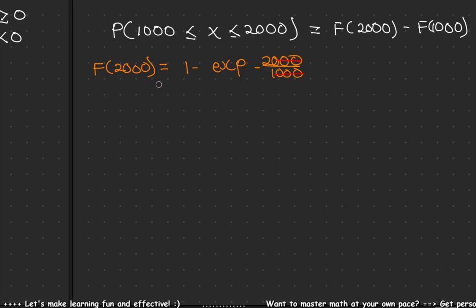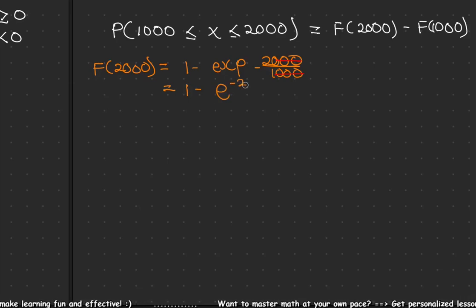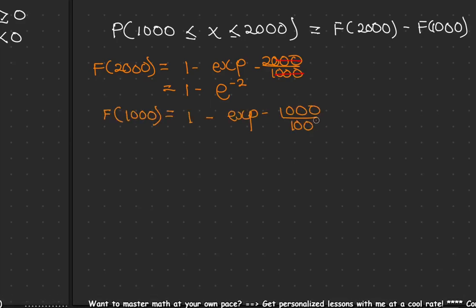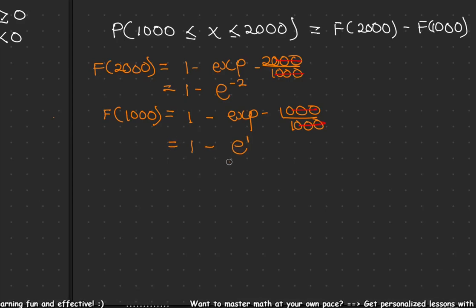Easy. So that is equal to 1 minus e to the power negative 2. Then we will do the same for the second one. So cumulative of 1,000 gives 1 minus e to the power negative 1, because all this here gives us 1.